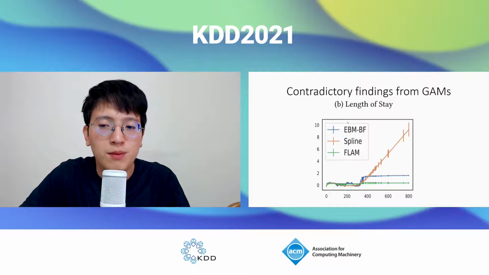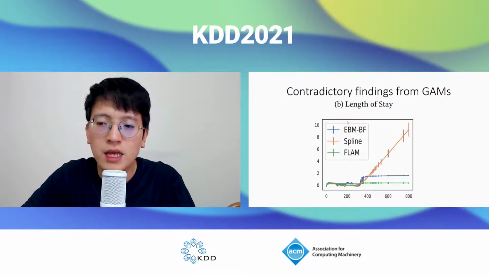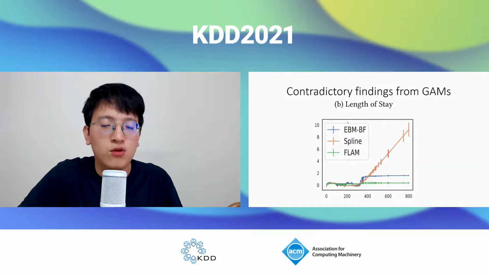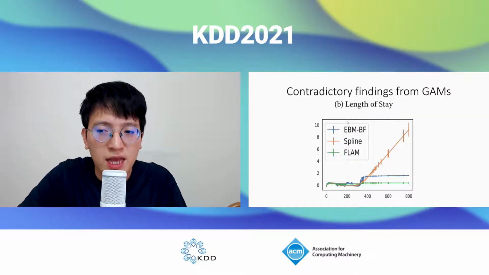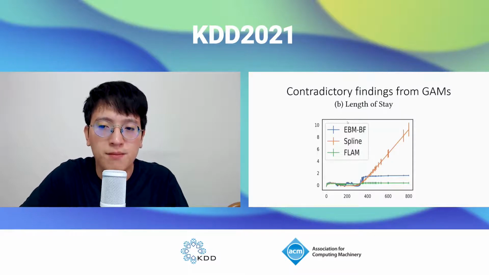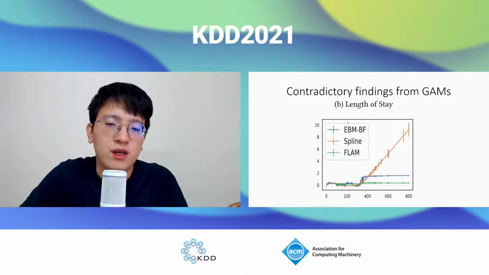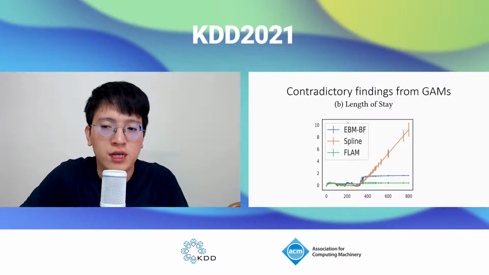The blue one, EBM Best First, shows interesting ups and downs. And the green one, the FLAN one, basically shows that once the length of stay is above 0, the risk is basically the same. So in this case, these GAMs show very different or even contradictory patterns on this feature while having the same accuracy. Which one should we trust?